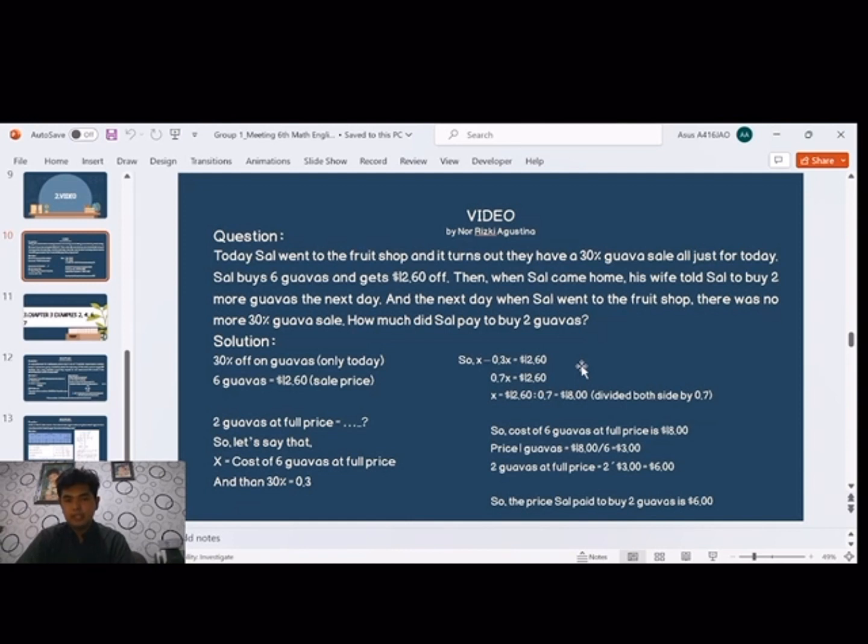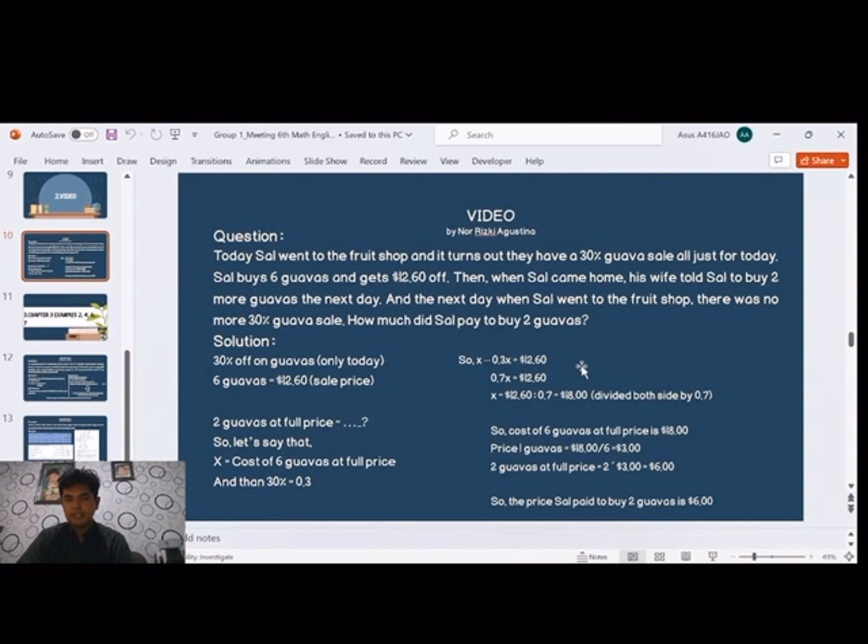So it will be 0.7X equals $12.60, so X equals $18. So the cost of 6 guavas at full price is $18.